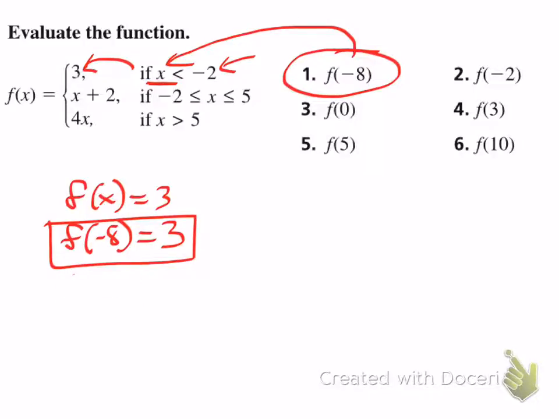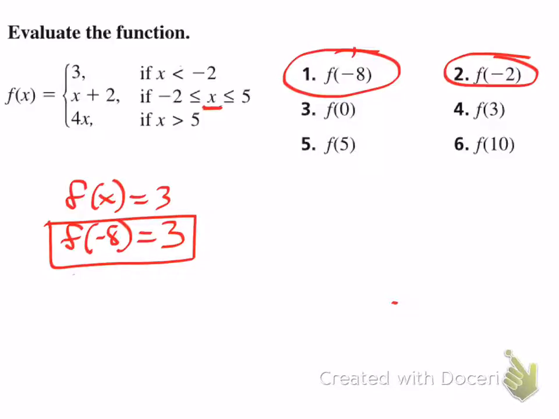So I do the next one. Which domain does number 2 fit under? Domain restriction, I should say. Luca. For x plus 2. Okay, for x plus 2. So I'm doing x plus 2 because negative 2 is between or equal to negative 2 and 5.